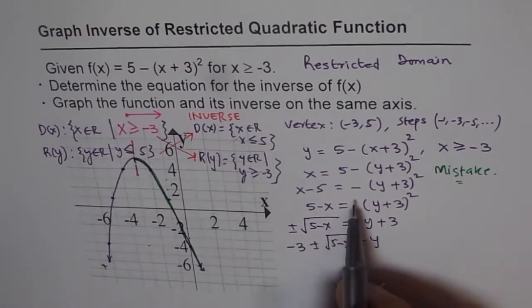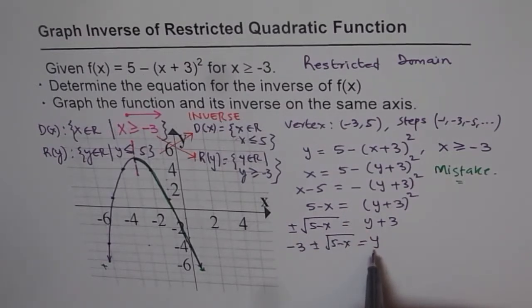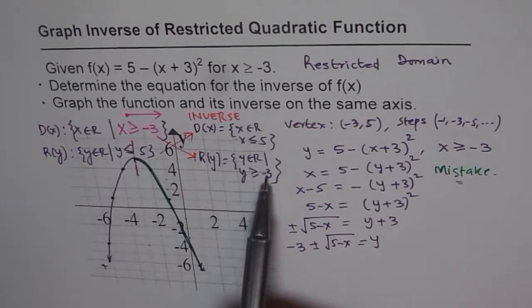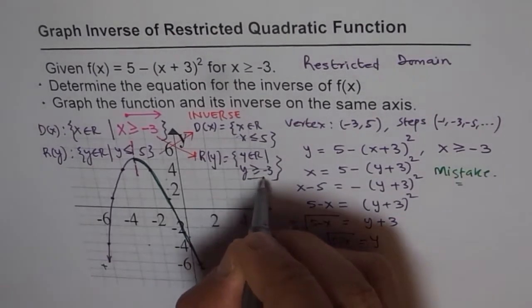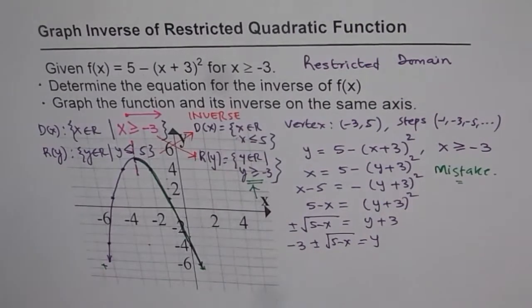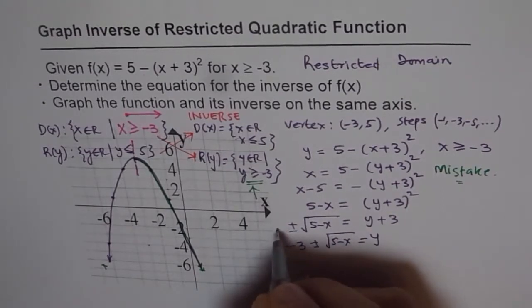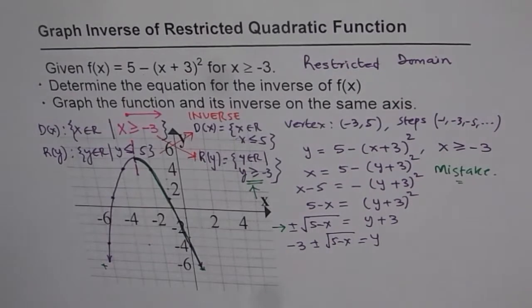That means there is no restriction on the range, but actually we calculated that the range is restricted. It is always greater than or equal to minus 3. That is the range which you should have expected, but it doesn't reflect here. Do you see that part? So that means we made a mistake, and do you know what the mistake is? The mistake is right here.